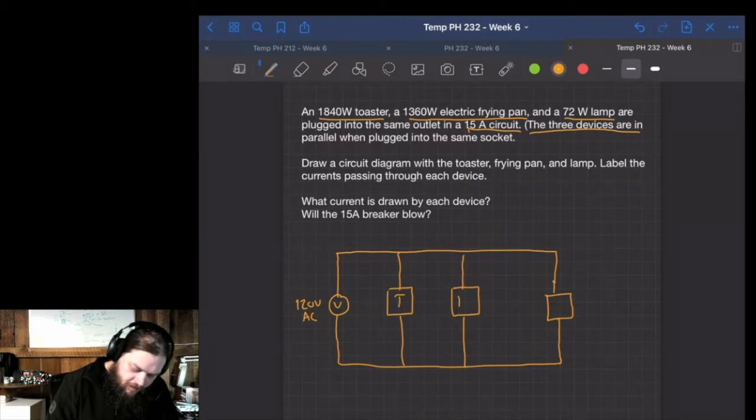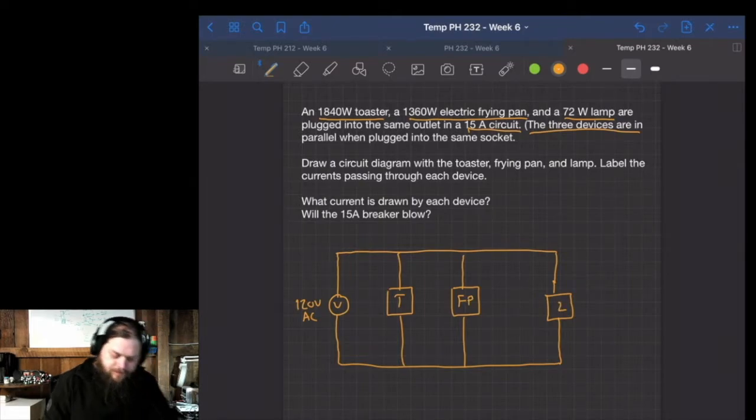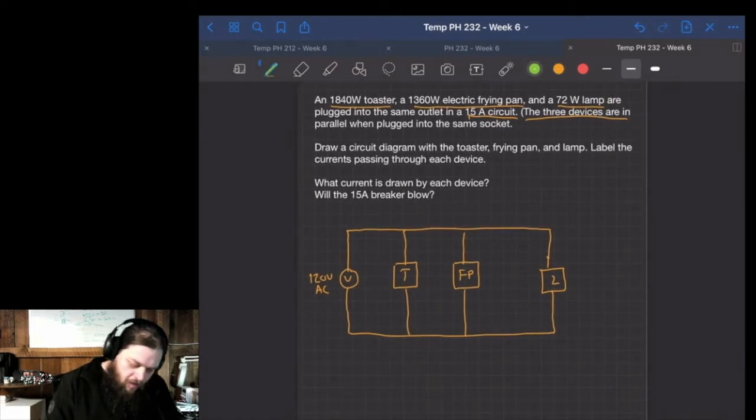Second one is going to be my frying pan. And the third one is going to be my lamp. And we know that this first one is 1840 watts. We know that the frying pan is 1360 watts. And we know that the lamp is 72 watts.